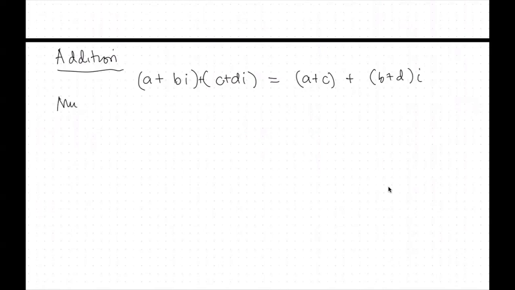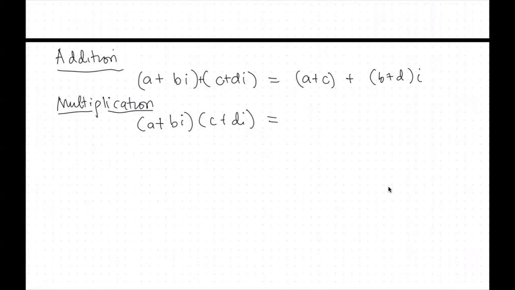And then the multiplication is defined as follows: (a plus bi) times (c plus di). It's easy.